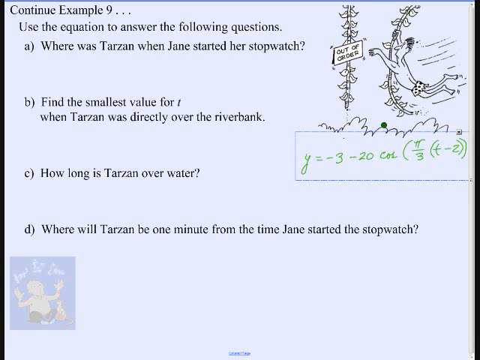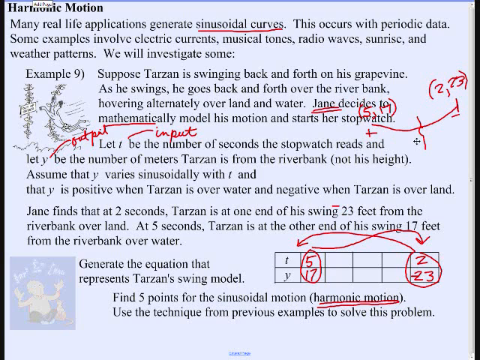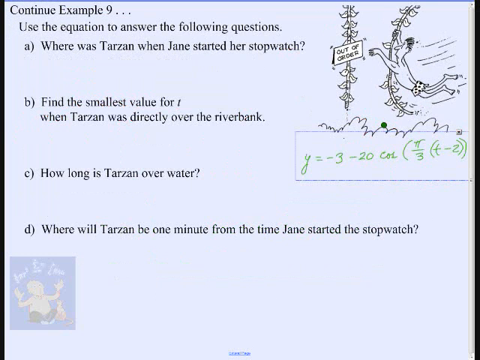The other thing I think might be handy for reference is what we learned here about how we're varying. Y is positive when Tarzan's over water and negative when he's over land. So I'm going to grab this, copy, and we're going to just make a little diagram here.